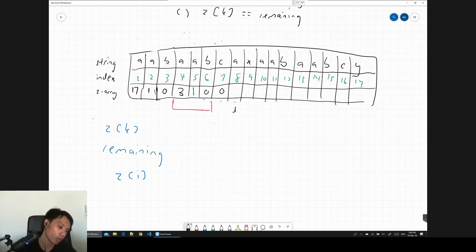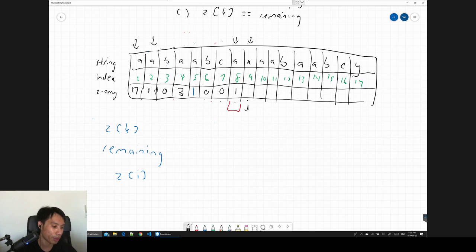Case number 1, no choice but to repeat my computation. A and A is the same. A and X is not the same. So the number is 1. Because I'm no longer within the Z box and the number is greater than 0, I will now have a Z box of 1 and I'm going to increment my I.